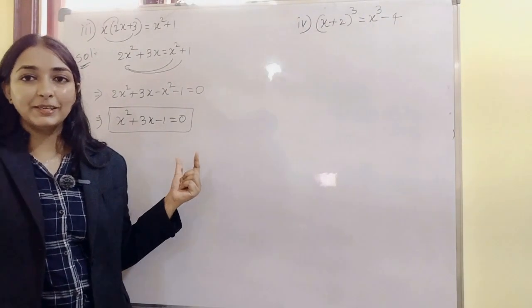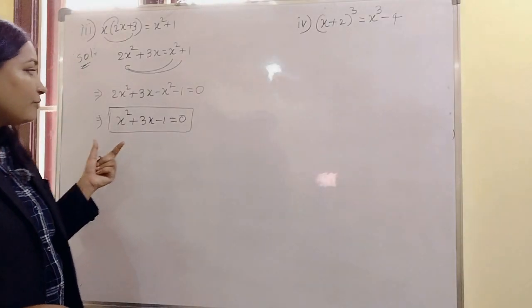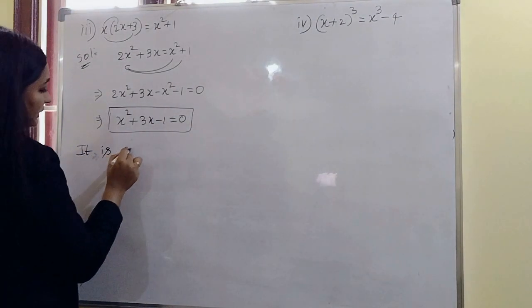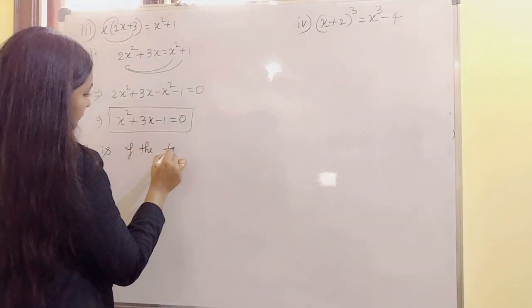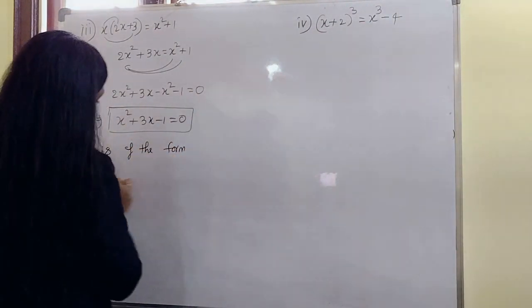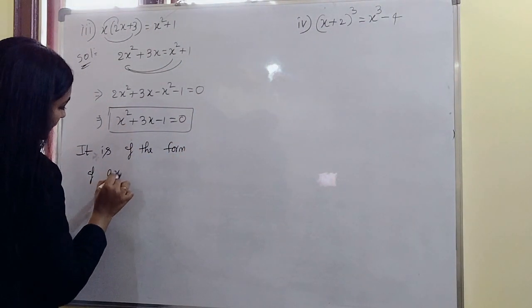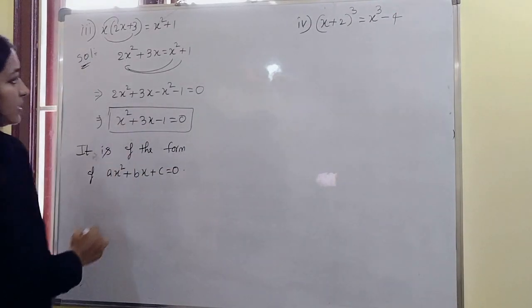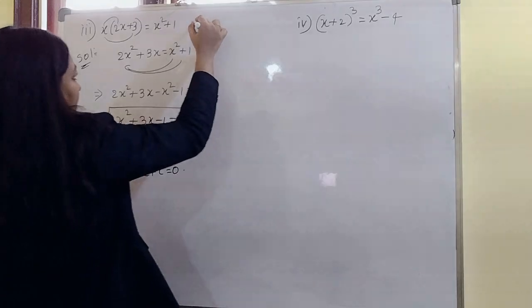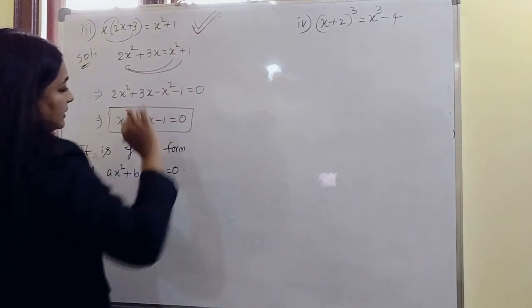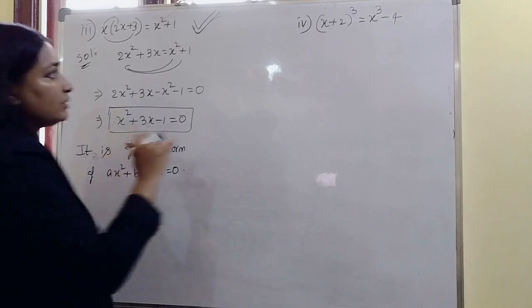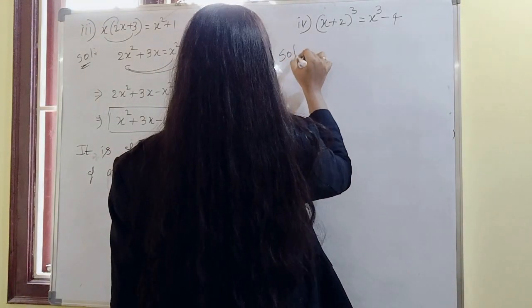Look at this expression carefully. It is of the form ax square plus bx plus c is equal to 0. So the given thing is a quadratic equation. Is it clear? Now let us solve the fourth equation.